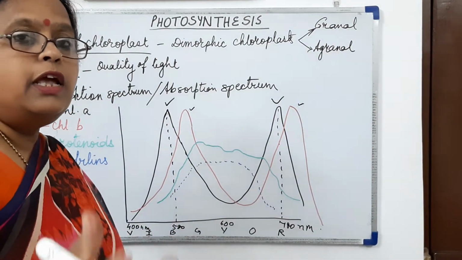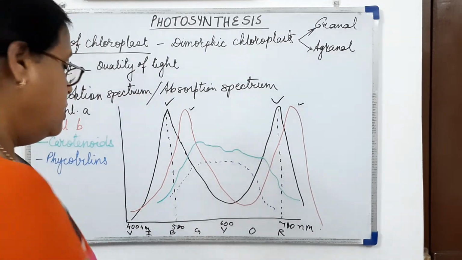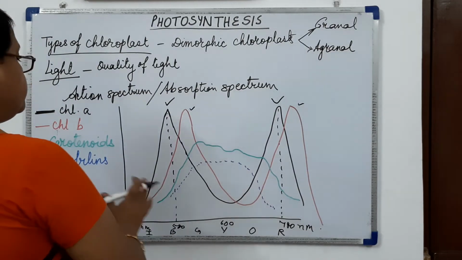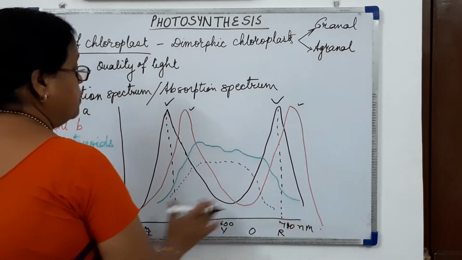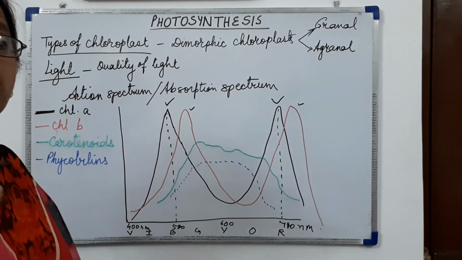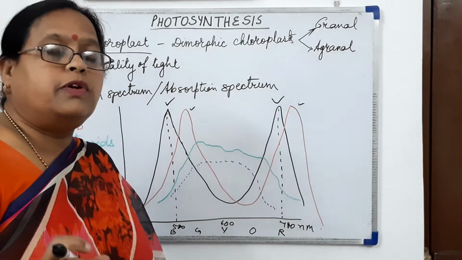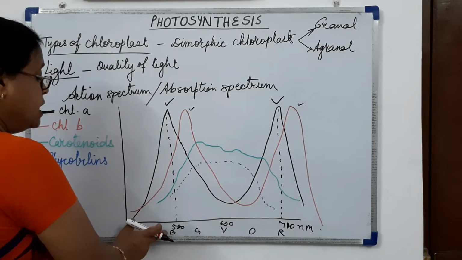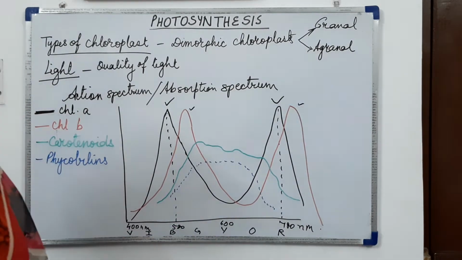So maximum absorption of the light and the most successful photosynthesis takes place in the wavelengths between blue and red.